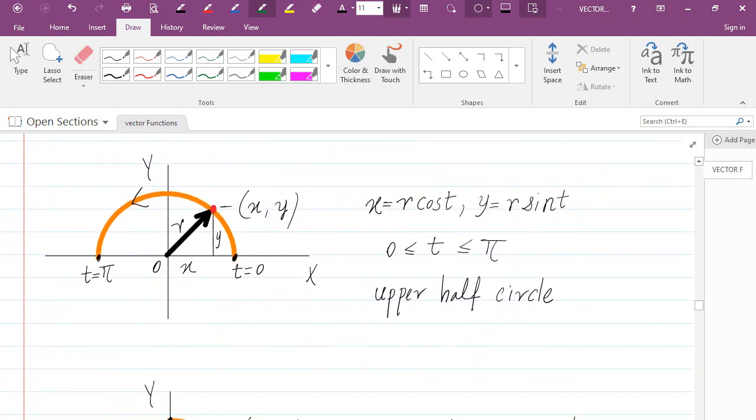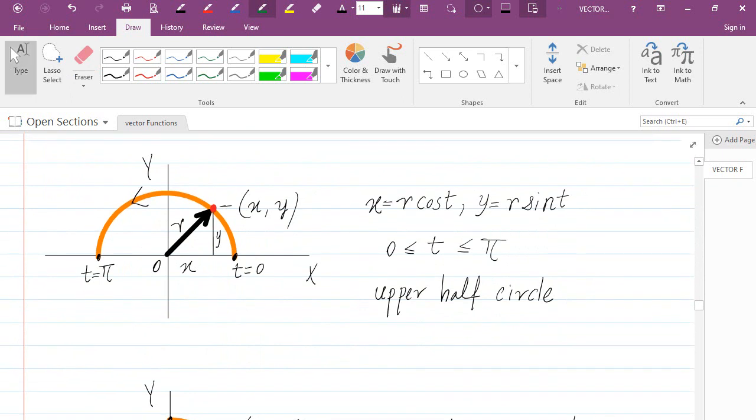Now, if we keep the same formulas for x and y, but we change the range for t, and we let t be between 0 and pi, then we are only getting the upper half of the circle traced exactly once in the counterclockwise fashion.